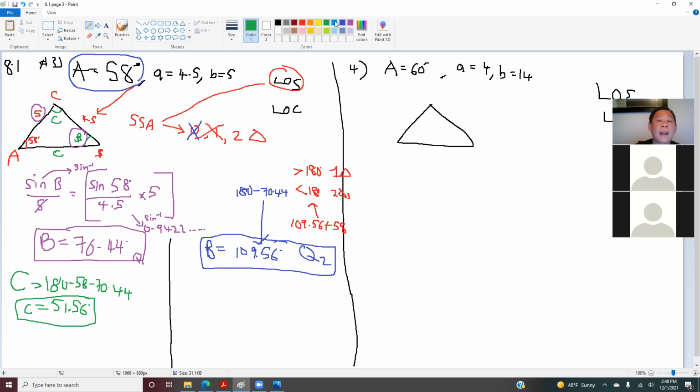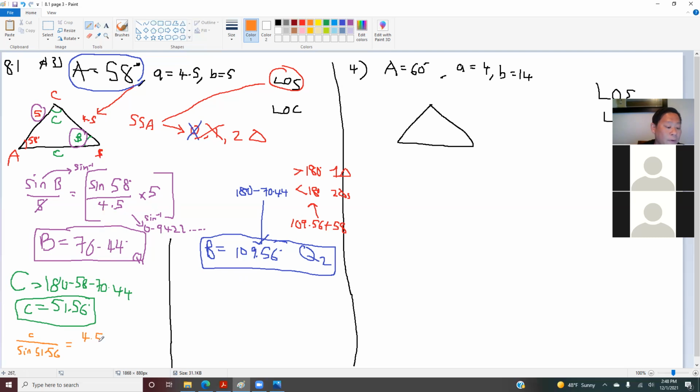And once you find angle C, then you will find the last one, the side C. So you also use the law of sine. Sine C, which is 51.56, equals, and since A is given to us, we can still use A, which is sine 4.5. Don't forget, this is the side length.